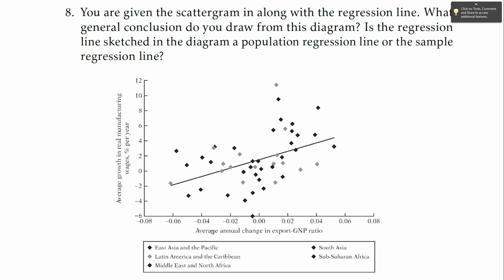If the line represents the growth, so if the average annual change grows, will the average growth in real manufacturing be higher or not? So if it is low, the average growth is like that. If it's about 0, it's below. It's above here, it's over there. So to me, this linear regression is not perfect, and the more perfect relationship will be something like that, maybe exponential or quadratic relationship.